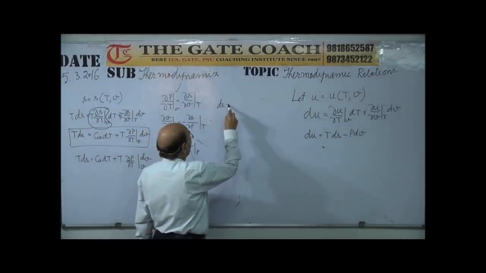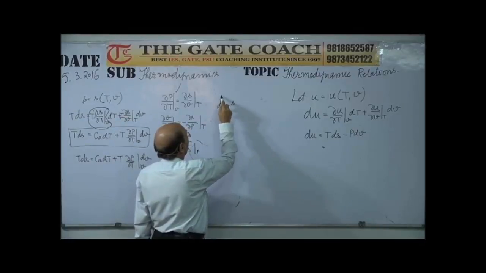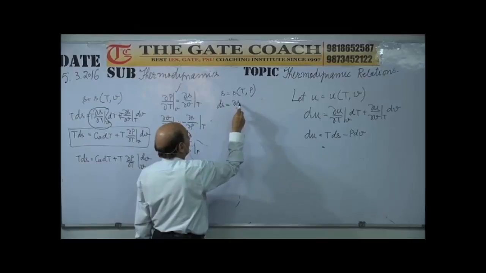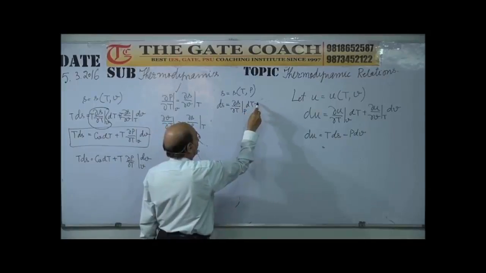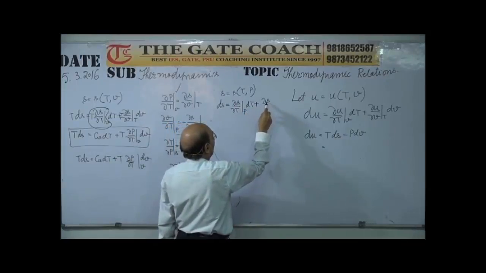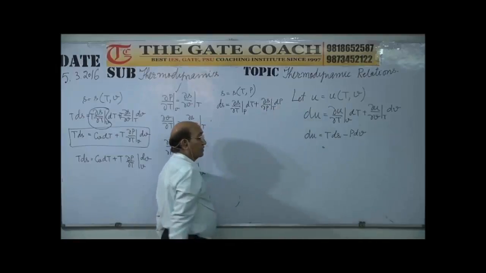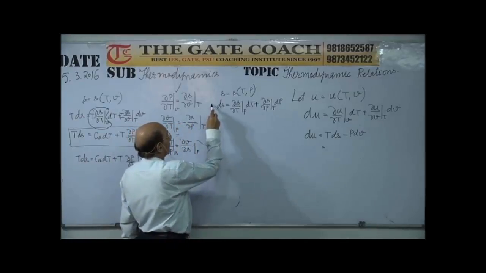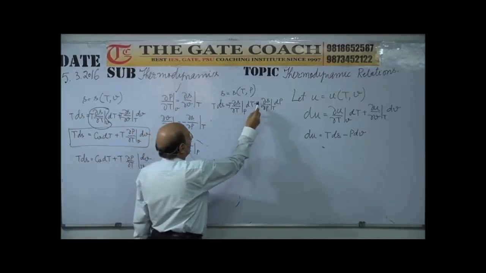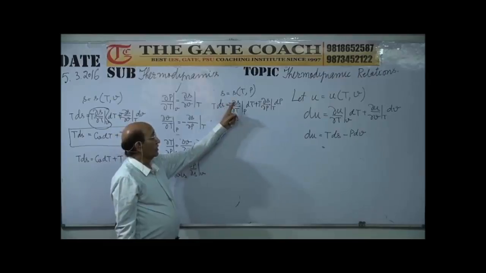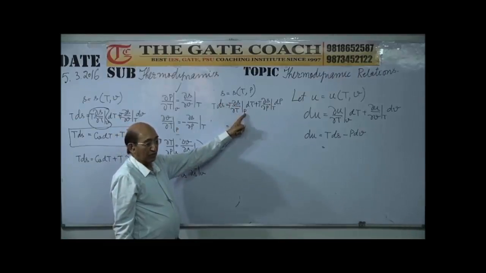Second, dS, S to be taken as the function of temperature and pressure. So dS shall mean del S by del T keeping P constant into dT plus del S by del P keeping T constant into dP. Multiplied by T on both sides. TdS at constant pressure, heat transfer, Cp dT.